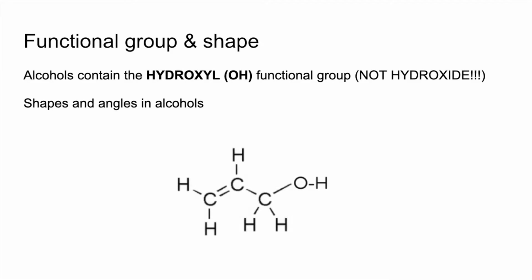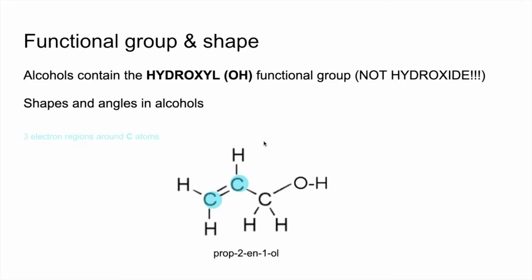So we've got this alcohol here, that's propan-2-ol. So we've actually got three different angles and shapes in that molecule. So we'll start with these two carbons here. So remember, shape is determined by the number of electron regions around an atom and how the repulsion is.